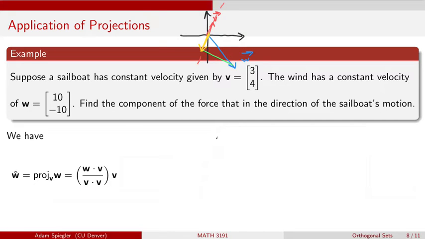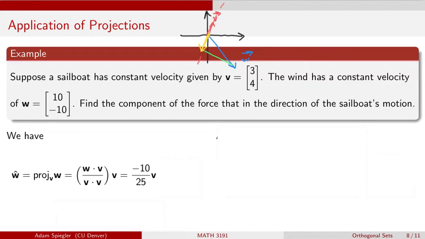So in this case, taking the dot product of W and V gives us 30 minus 40. So we get a minus 10 for the numerator. And then for the denominator, we would take the dot product of V with itself. So that's going to give me 3 squared plus 4 squared, which gives us 25.